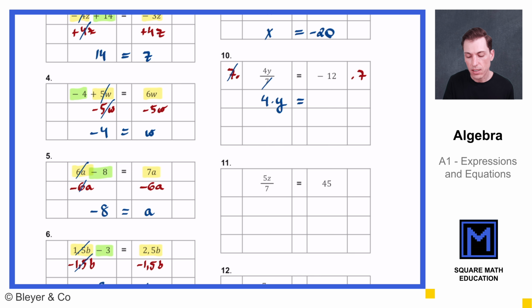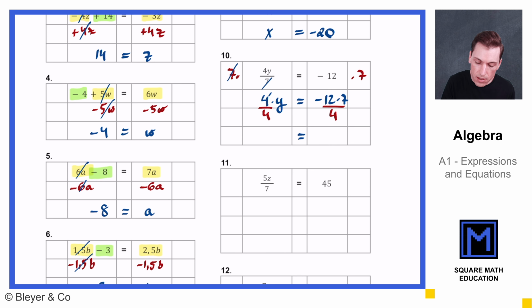I'm going to leave them as factors. Minus 12 times 7, and hold on for a second because I know I need to reduce this by 4, so it's going to be easier to reduce and then multiply, because now we're going to do the next step. If I'm multiplying by 4, I'm going to divide by 4. Let's divide both sides by 4, and now I hope this will be clear for you.